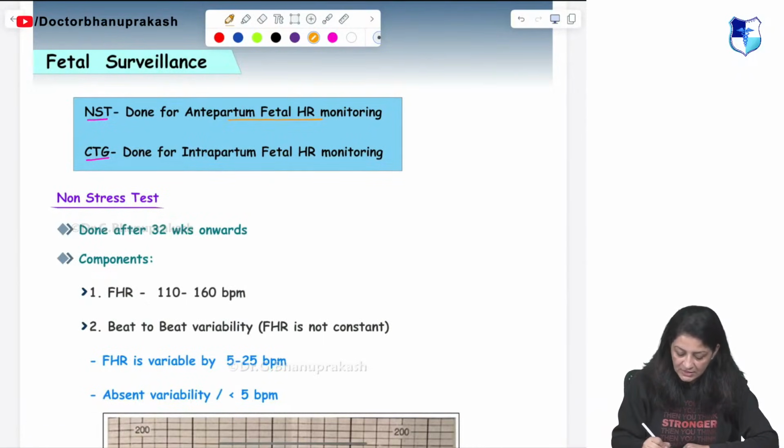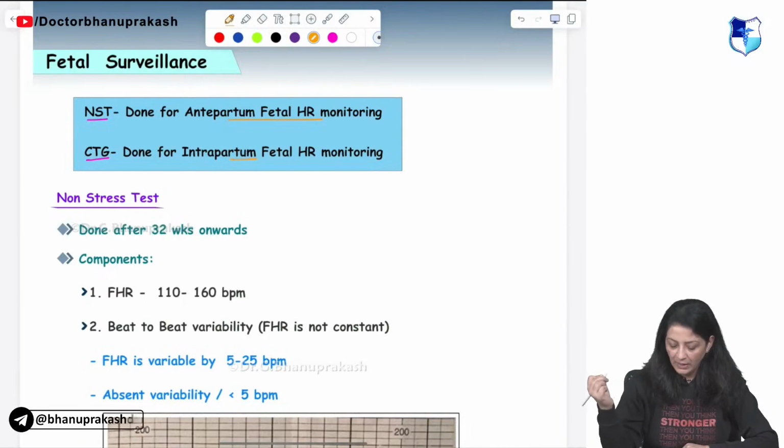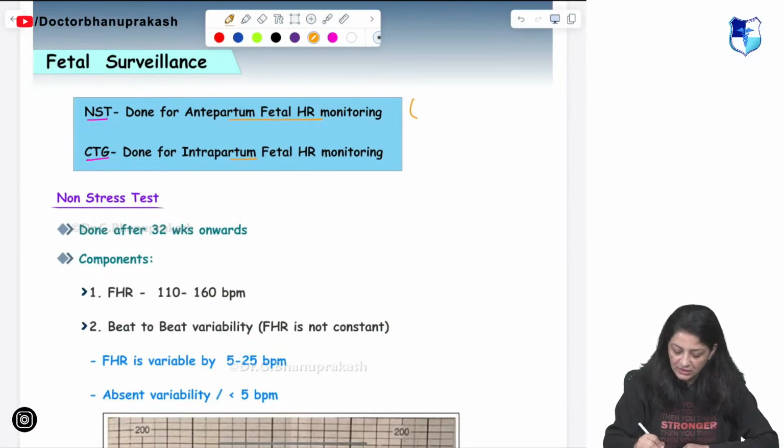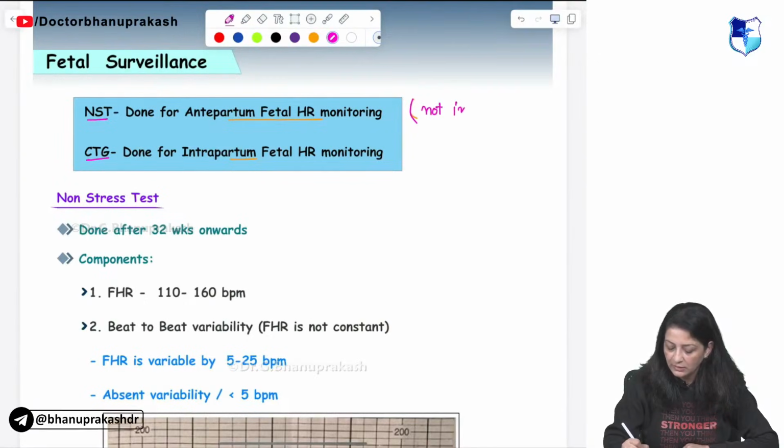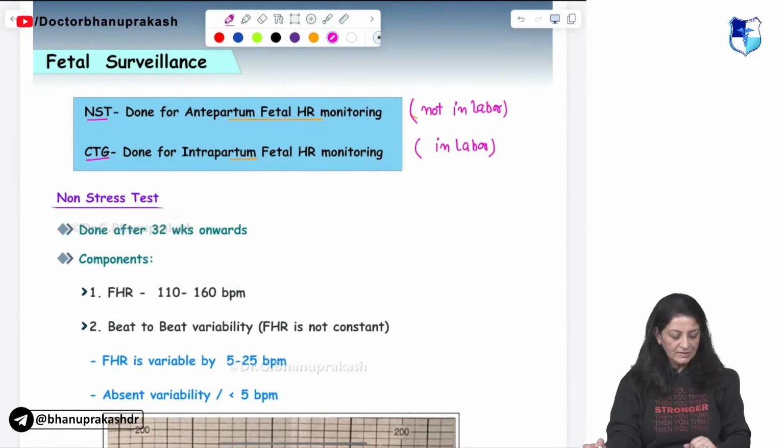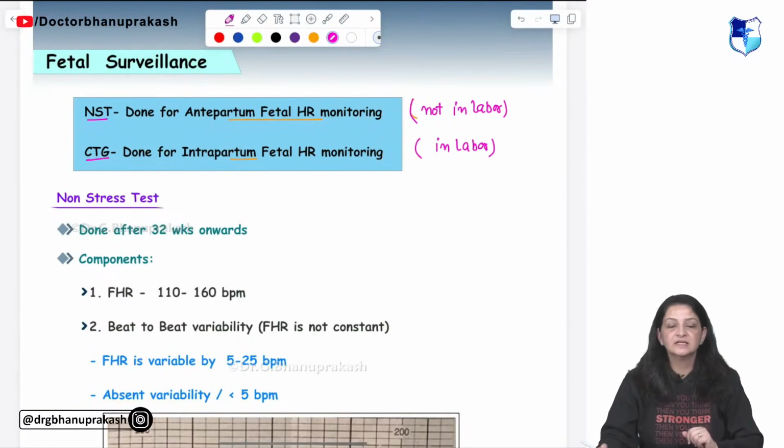CTG is done for intrapartum fetal heart rate monitoring. NST when the patient is not in labor, CTG when the patient is in labor. This is the difference between NST and CTG.